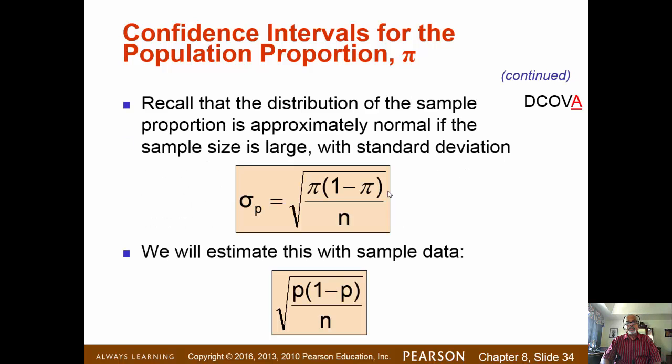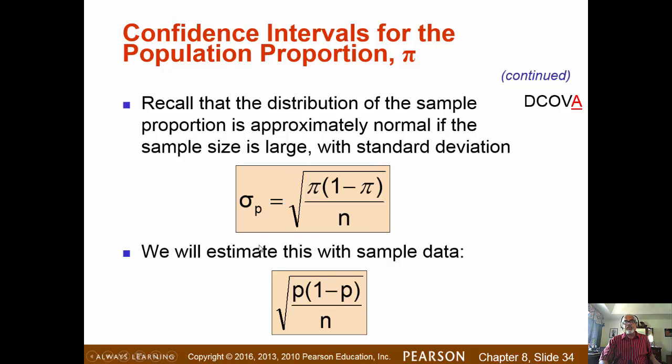Now sigma sub x bar we calculated in the regular case of the population. Here, instead of sigma sub x bar, we have sigma sub p. The sigma sub p actually turns out to be the square root of pi times 1 minus pi over n. So this is the theoretical formula.